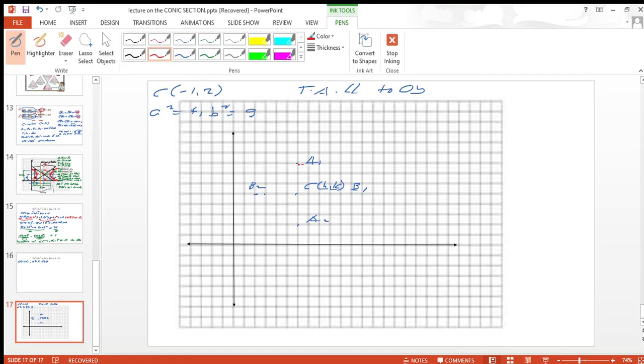Center to A1 is a. Center to B1 is b. Let's list down our values. A1, A2, B1, B2. A1, abscissa. This will now be, if you will drop a perpendicular line going to the y-axis.